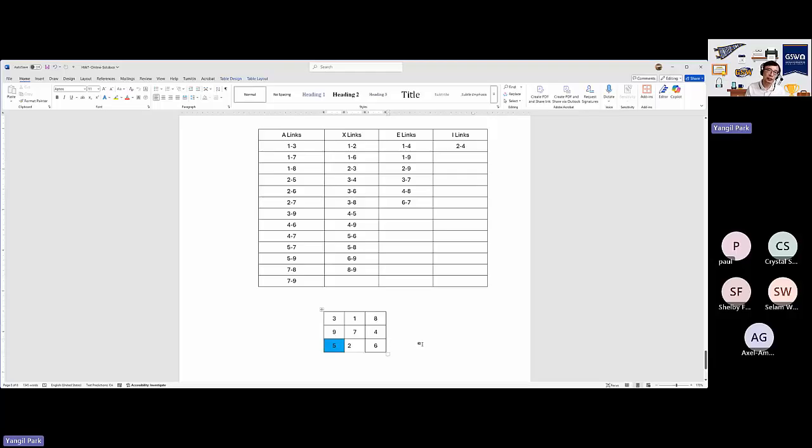One way you can do it is to look at the number that shows up most frequently in the A links, because those are the most important links. Like 2, 1, 2, 3, 2 appears 3 times. 5 appears 3 times. 7 appears 1, 2, 3, 4, 5, 6, so 7 appears 6 times.